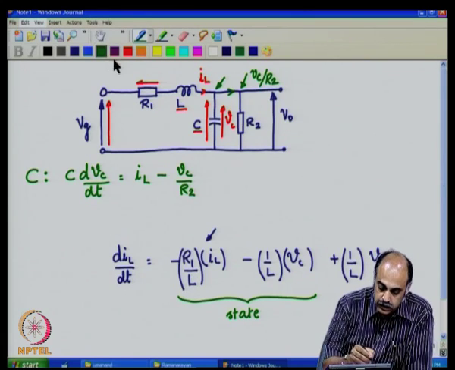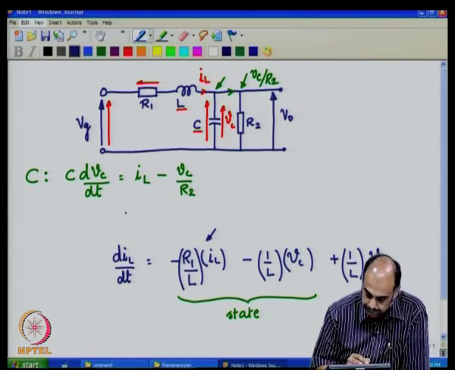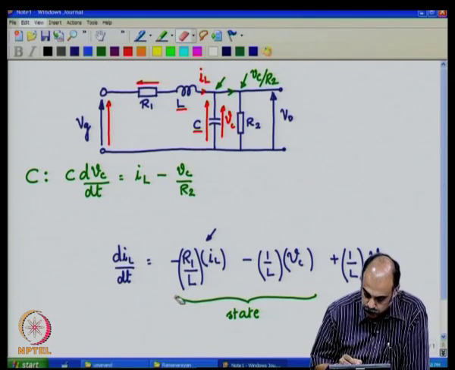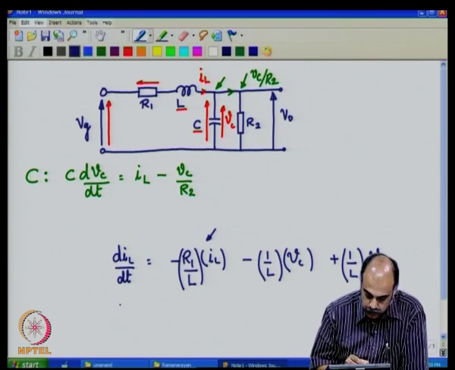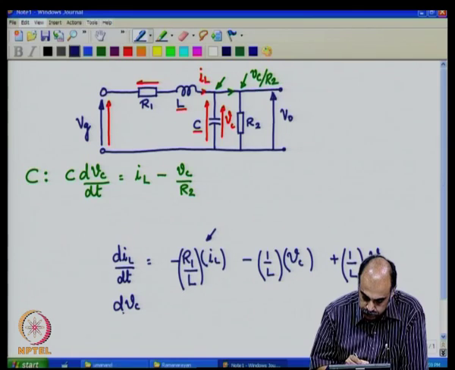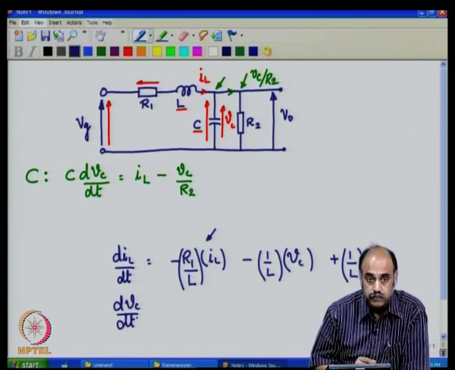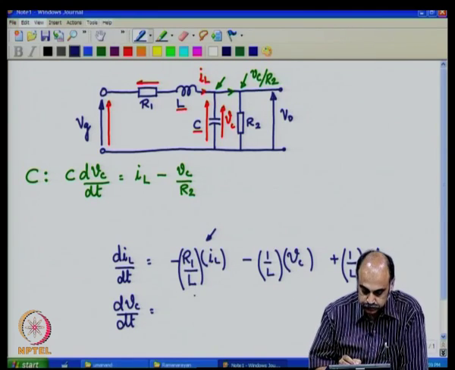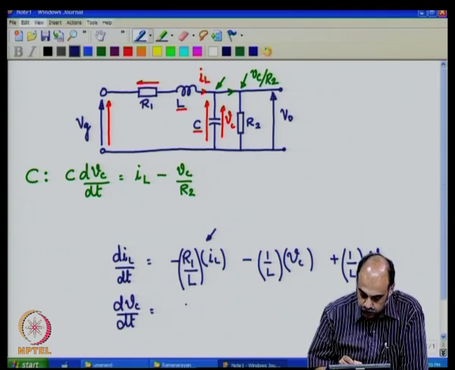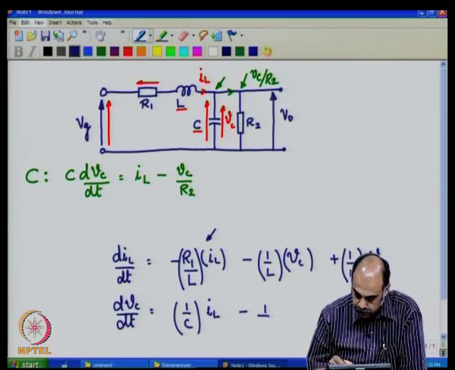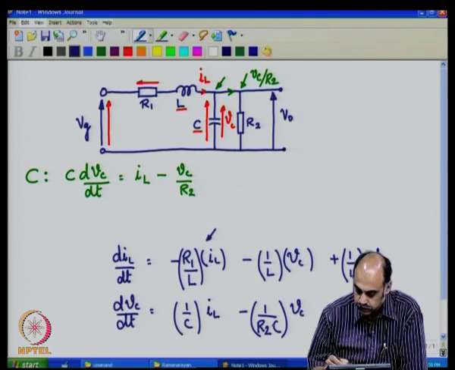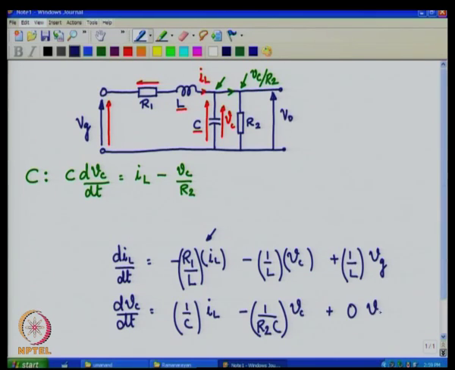So, this can be written down as follows. dVc by dt is equal to 1 by C IL minus 1 by R2 C into Vc plus 0 Vg.